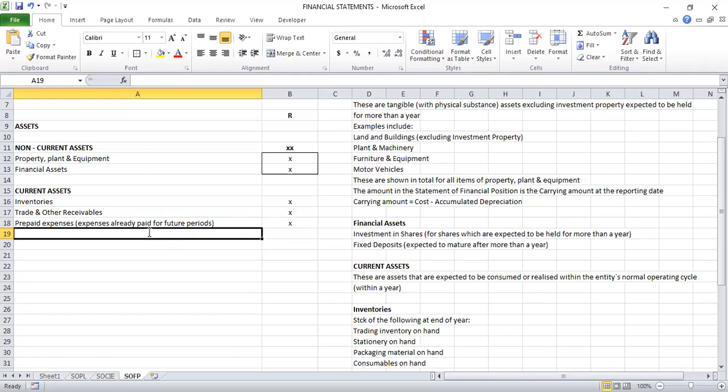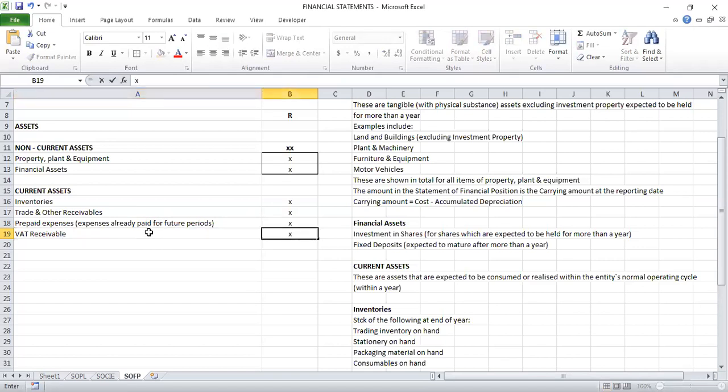Right. We can have a VAT receivable. If you remember from our previous classes, if a business is a VAT vendor, they are required to charge VAT to their clients. And when they charge the VAT, they are also charged VAT by their own suppliers.